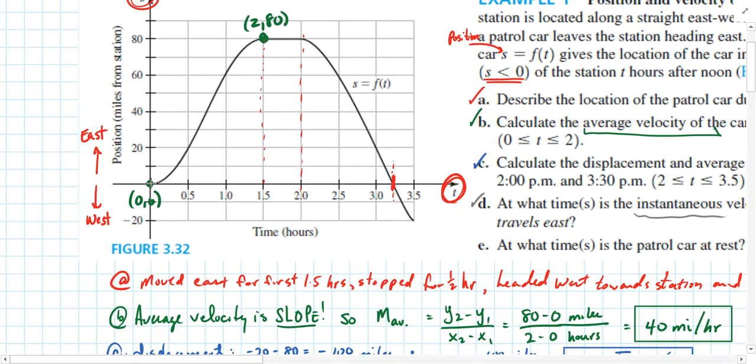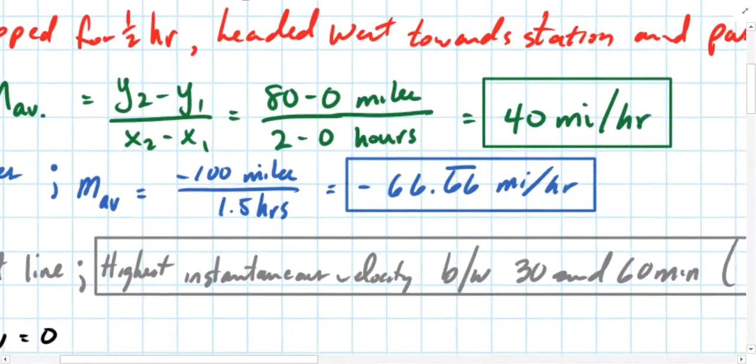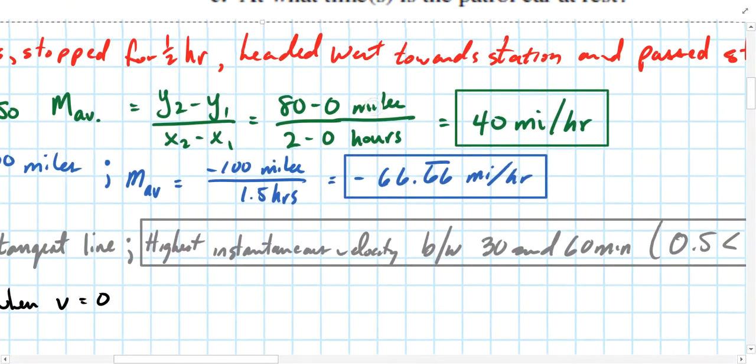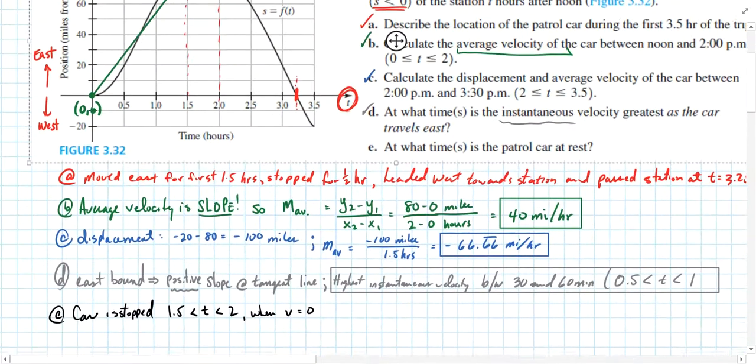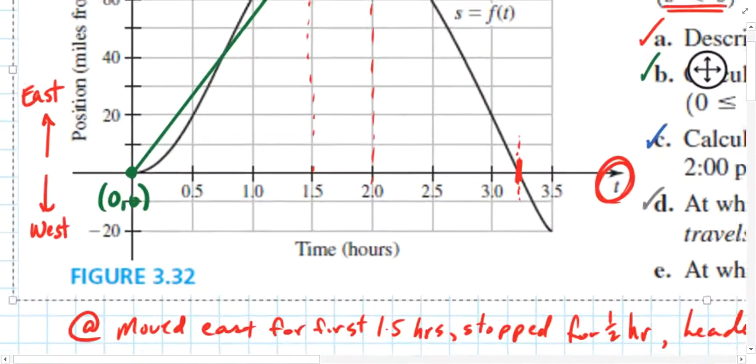If we find the slope of that line, then we have found our average velocity, or our average rate of change. And let's be mindful of units: 80 minus 0 miles divided by 2 minus 0 hours. So on average, for that 2-hour stretch, the police officer was traveling at 40 miles per hour.